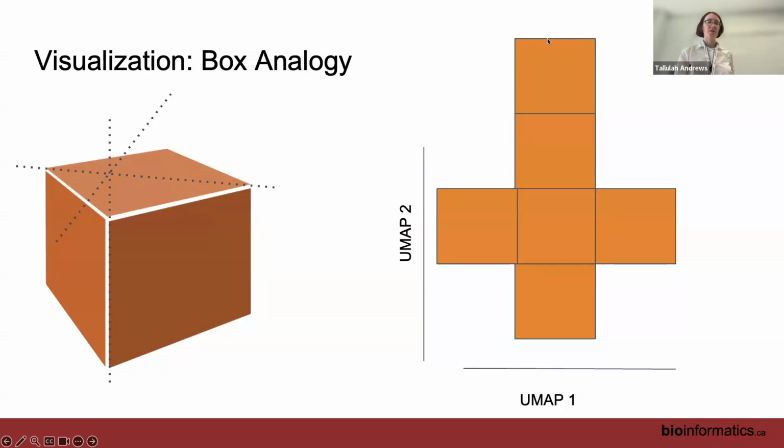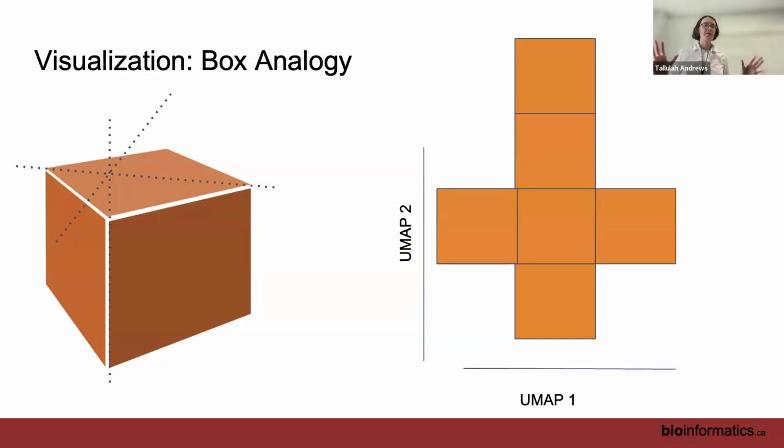So this top edge here looks like it's very, very far away from this bottom edge. But in reality, in our 3D case, those would actually be touching each other, right? So we've lost some information, some fidelity of how our points are related to each other, but we can at least see all of our data at once.